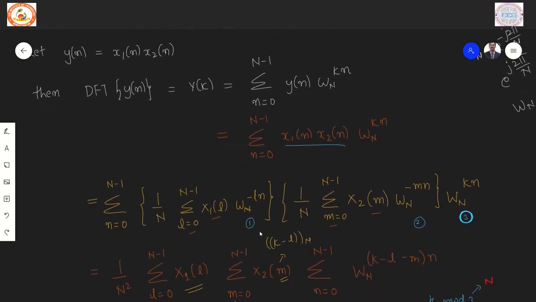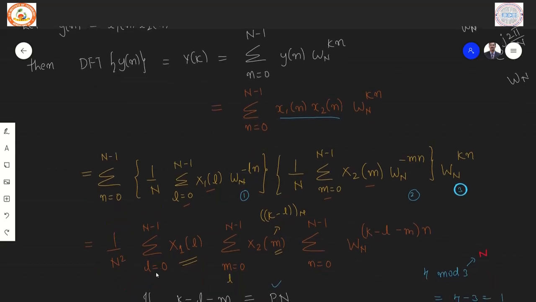Now here we observe that we have three twiddle factor terms which I have numbered here just for convenience as 1, 2 and 3. These three terms we need to simplify. We observe that 1 by N is a constant and can be taken out. Since there are two such terms, we have 1 by N squared.